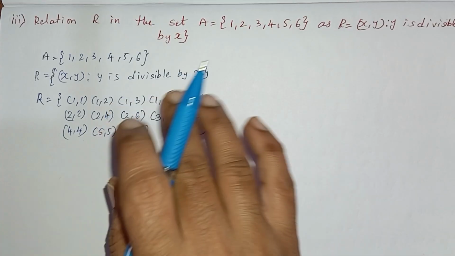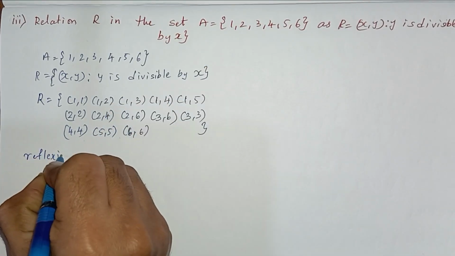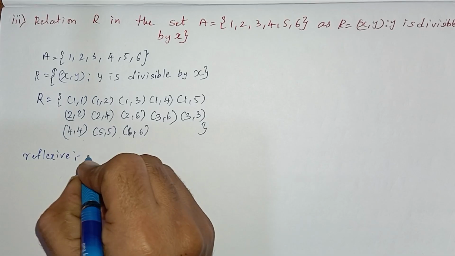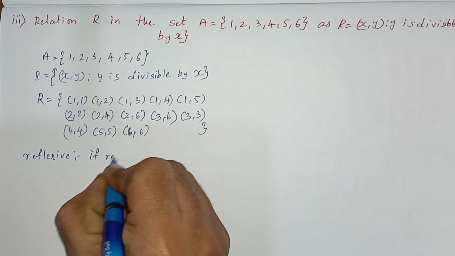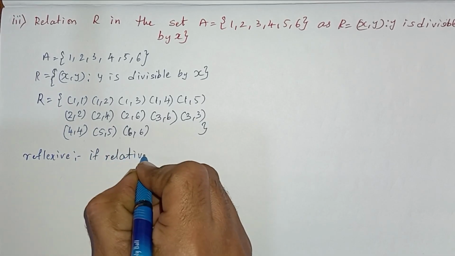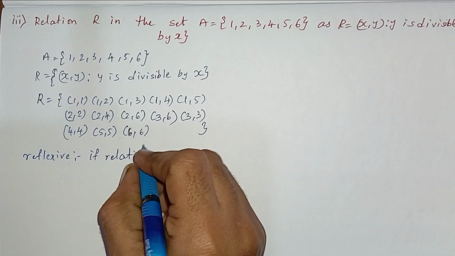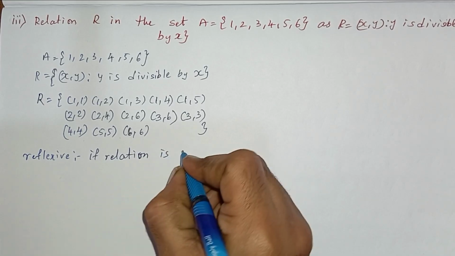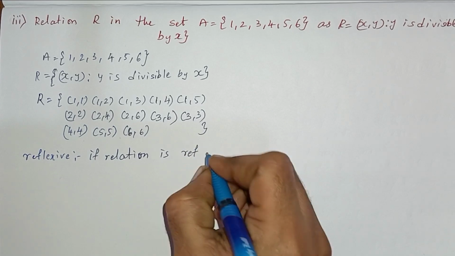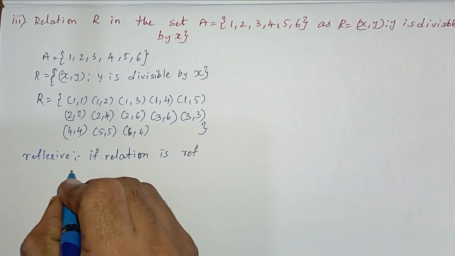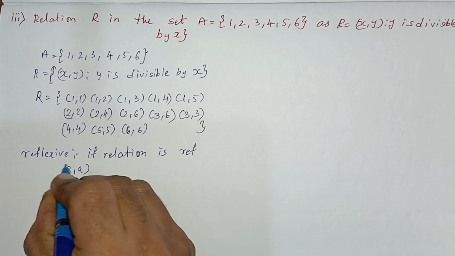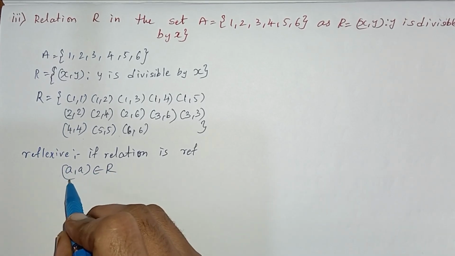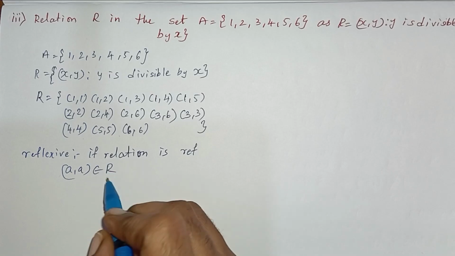Now we have to check for reflexive. The condition is, if a relation is reflexive, then a comma a should belong to R. So for all the a values, a comma a should belong in the relation.